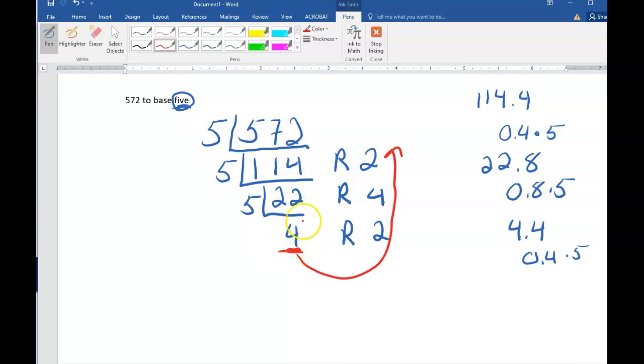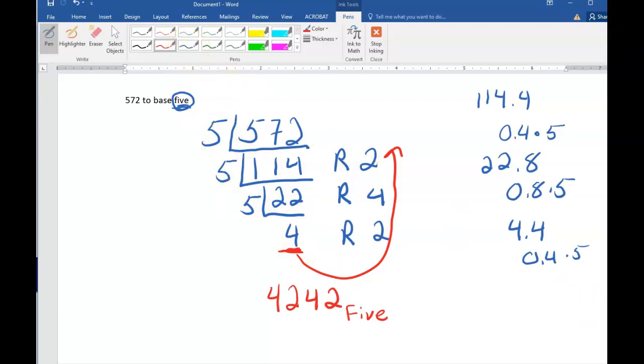This is my first number, so I'm going to have 4, and I follow my remainders up: 4, 2, 4, 2. And this is base 5. Notice how all of these are less than 5. All of your remainders have to be less than whatever your base is, whatever you're dividing by.